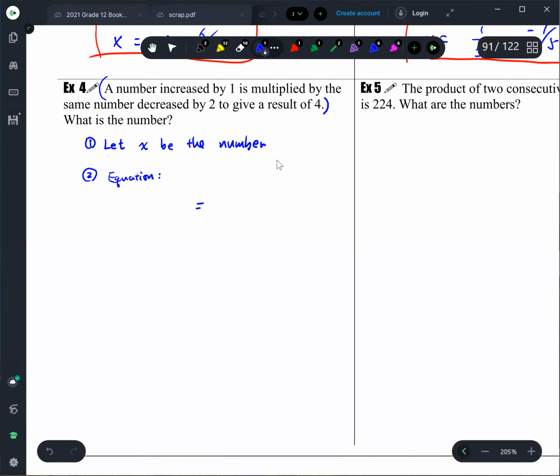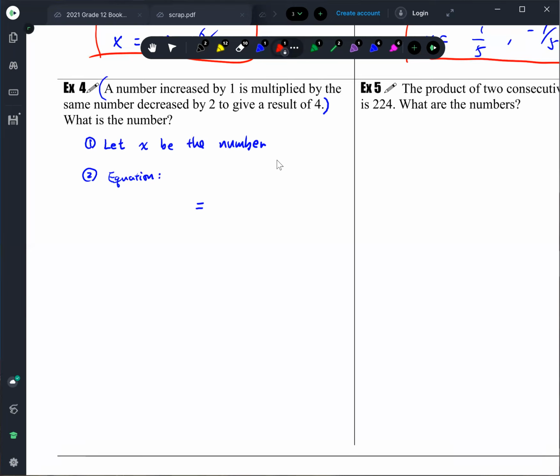So which part of that sentence represents equal? Mackenzie, what do you think? Which part of the sentence represents the equal? Give the result of 4.